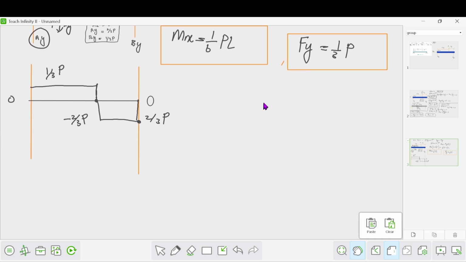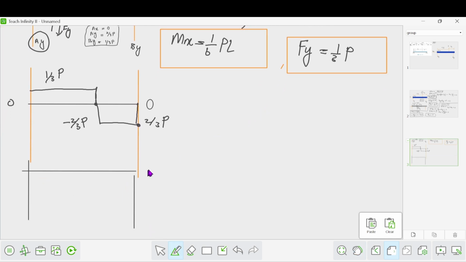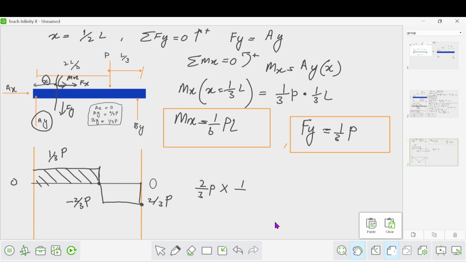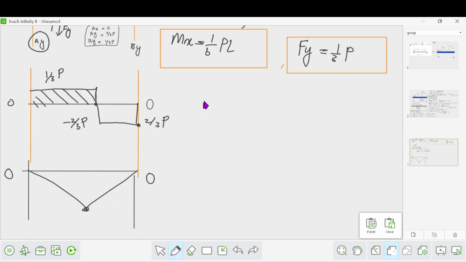Now we will calculate the bending moment diagram. Here the moment is 2 divided by 9PL. If I calculate this area, it will be 2 divided by 3P multiplied by this length, which is 1 divided by 3 into P multiplied by 2 divided by 3L.